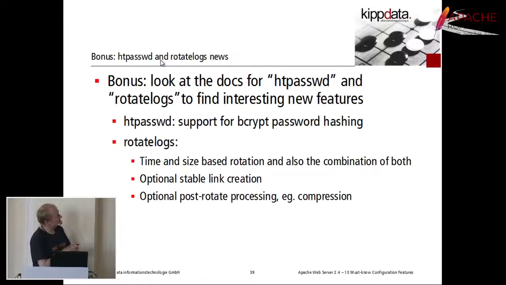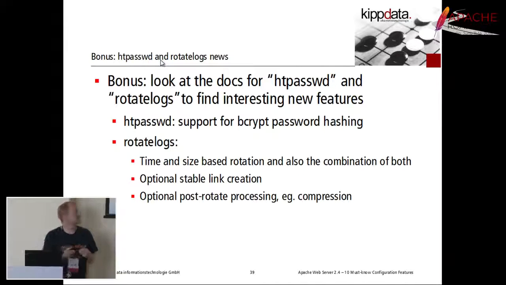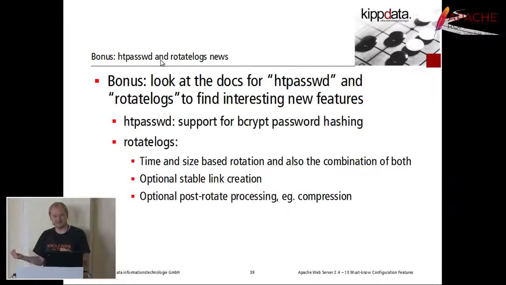And the other thing is rotatelogs got some features. It has time and size-based rotation configuration, and you can combine them. So you can say, for instance, rotate every 10 megabytes, but also rotate daily. So then, at the end of the day, all of your log data will have been rotated away, but none of the chunks will be bigger than 10 megabytes. So you can combine these.